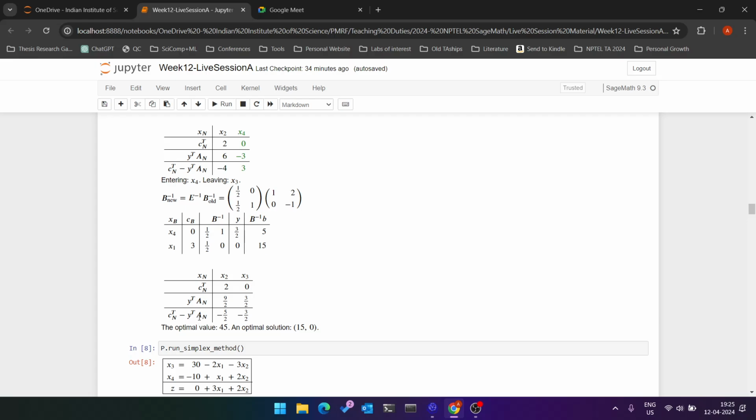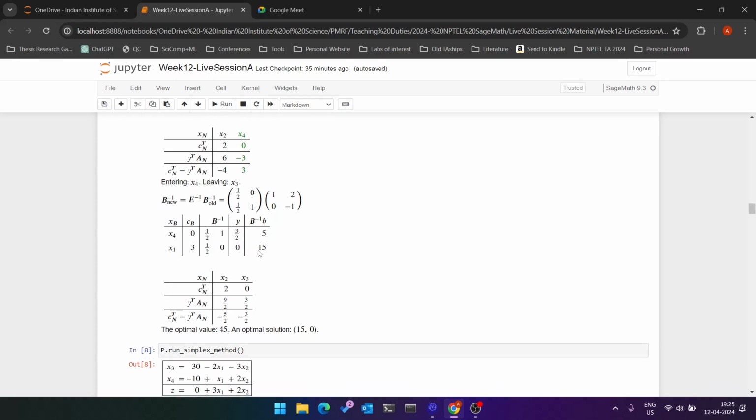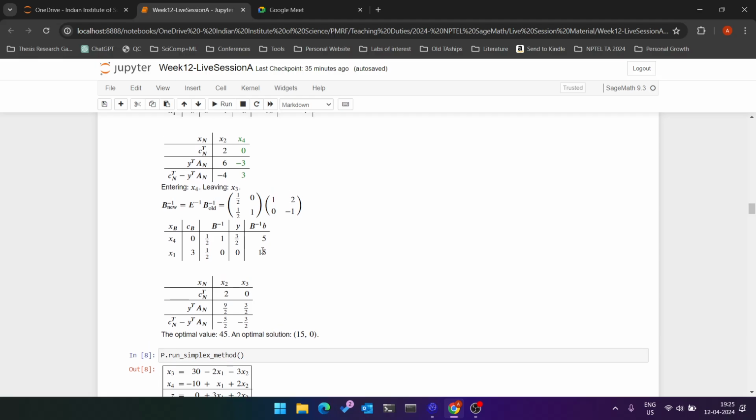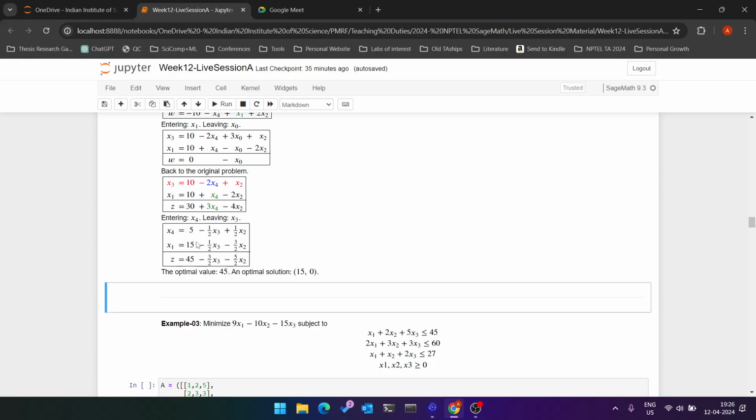So my current reduced cost coefficient values turn out to be both negative, which means that I have arrived at my optimal solution, and that happens when x1 is 15 and x2 is 0, or x4 is 5, which is essentially what we also saw in the simplex algorithm.